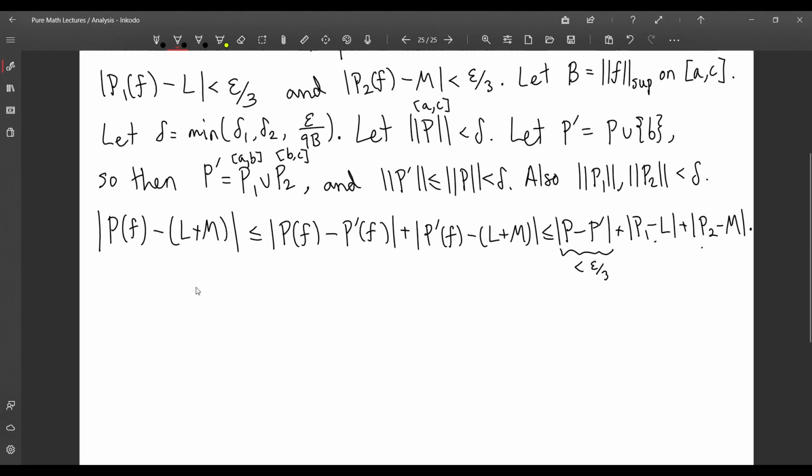Okay, and the way we can do that is essentially by noticing the difference between the Riemann sum over P and the Riemann sum over P prime.